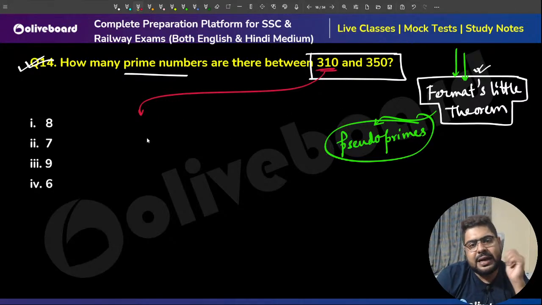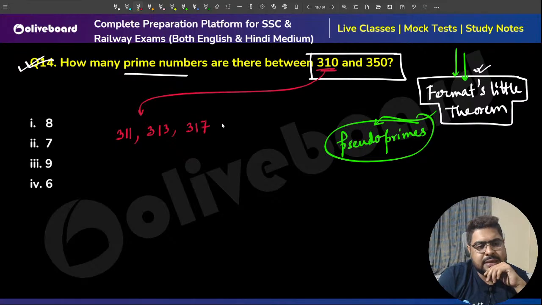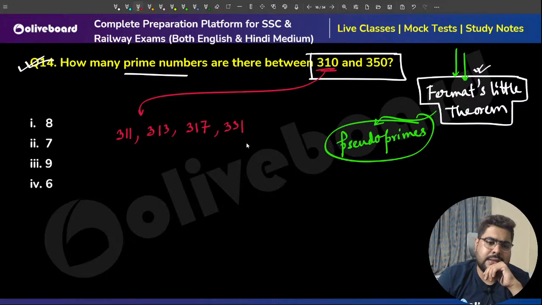You can only remember, sir, 311 and then 313, 317, 331, yes, 331, 37. 37 is also divisible, right? Any more, anybody, any more theorems, anything else? Can anyone figure it out? Can anyone tell me? Because I feel there is supposed to be another one.